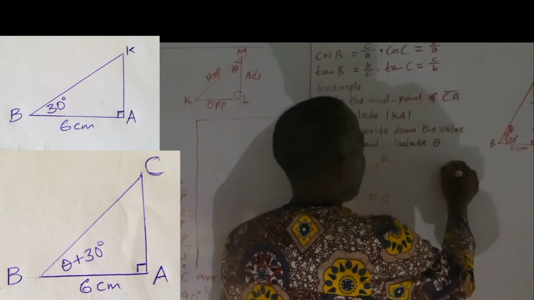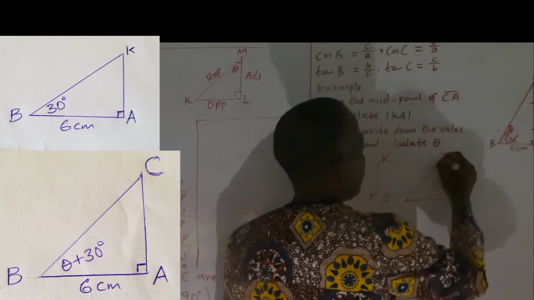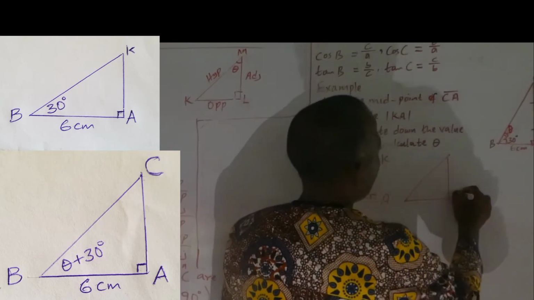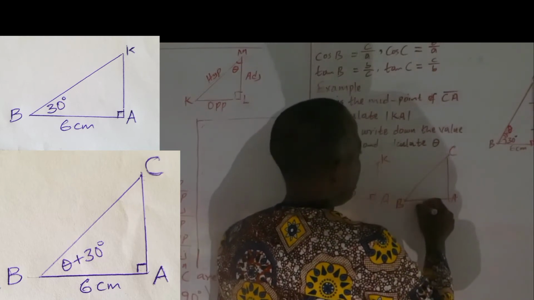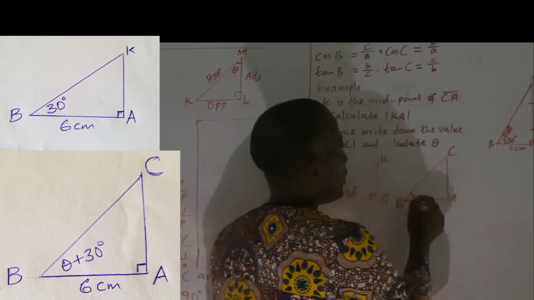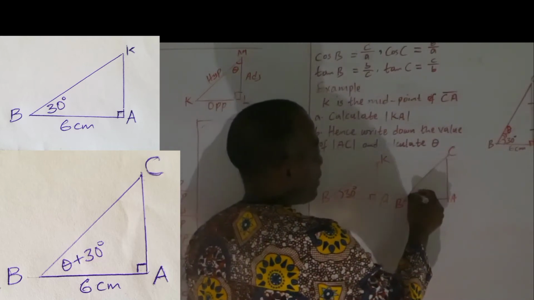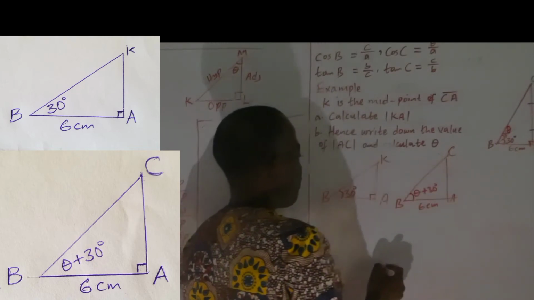Then we have, so this angle ABC is theta plus 30 degrees.